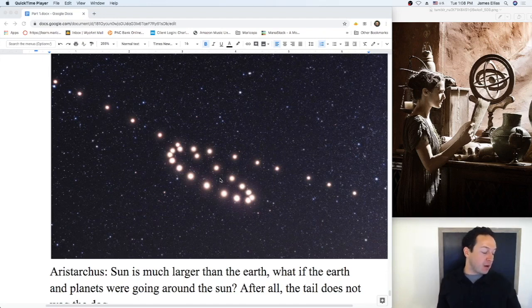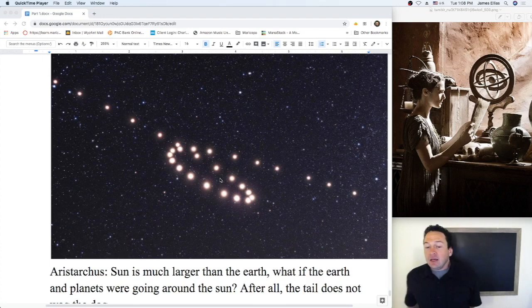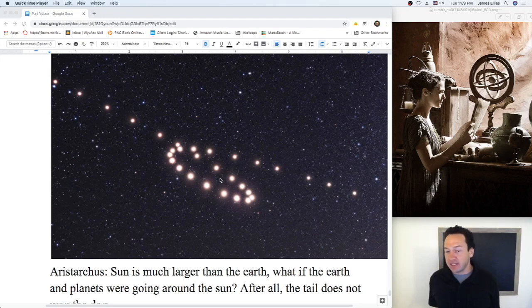And if you use your modern knowledge real quick, you'll remember the planets aren't going around us. They're going around the sun. So it makes sense that they wouldn't follow a straightforward circular pattern as they go around us. It turns out they do this loop-de-loop thing because of the geometry of the situation.